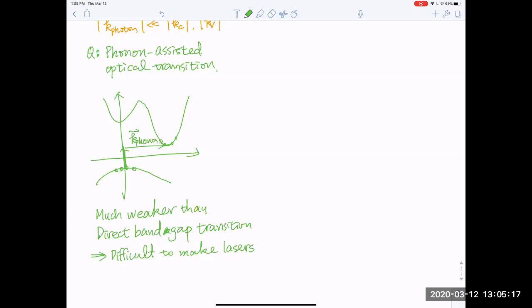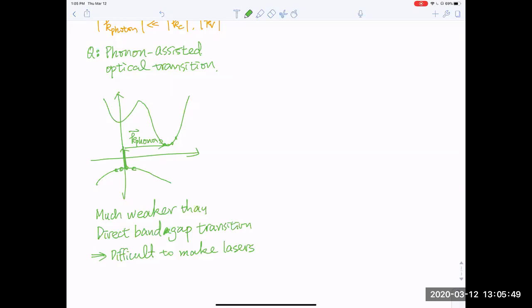Okay, the next question: need to take into account phonon occupation. Yes, you will be affected by the phonon population. We will not get into that detailed discussion, but for direct band gap, there's no phonon involved, so we don't need to include the phonon probability.